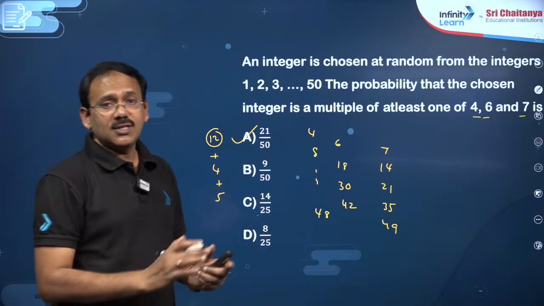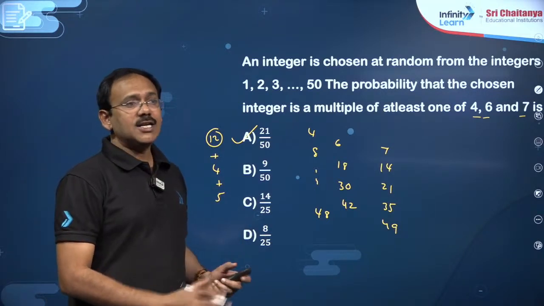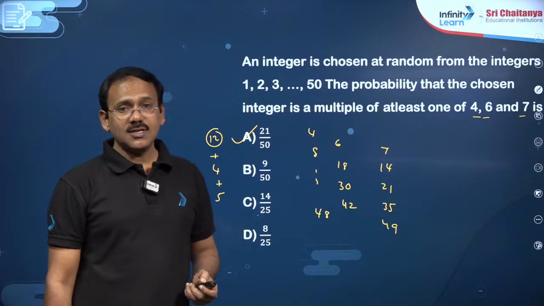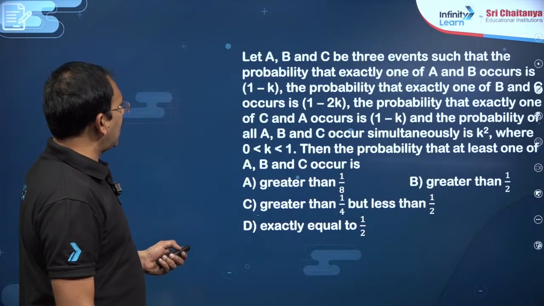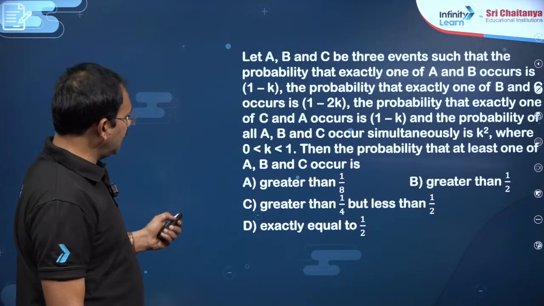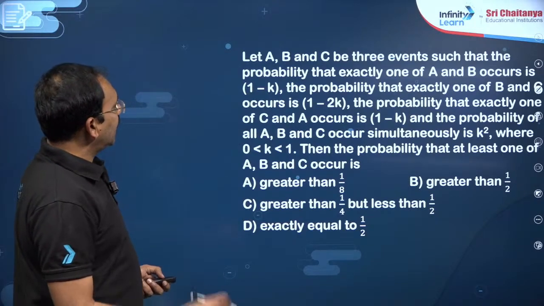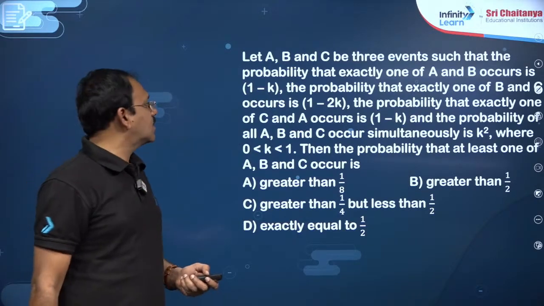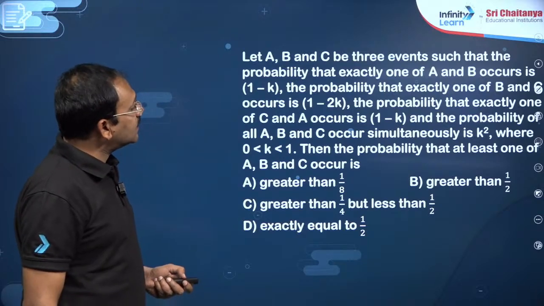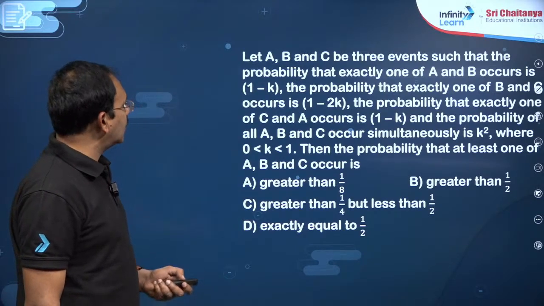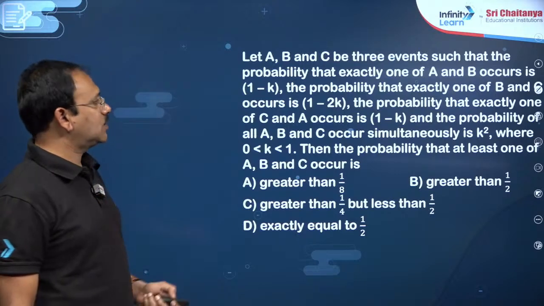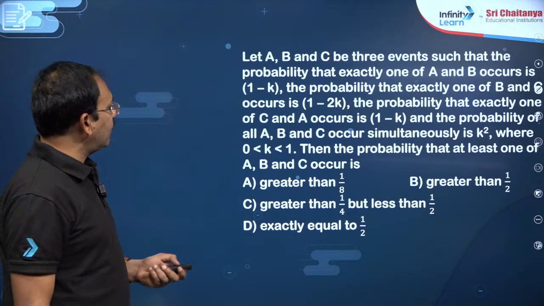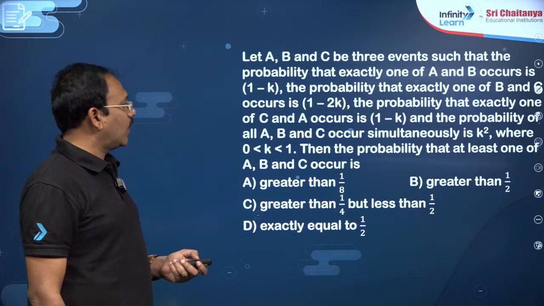Actually, if you want to do this, you can also use the addition theorem, but rather you can do it here directly, dear students. Next, dear students, see the same kind of question. Here A, B, C are 3 events such that the probability that exactly one of A, B occurs is 1 minus k, exactly one of B, C occurs is 1 minus 2k, and exactly one of C, A occurs is 1 minus k.